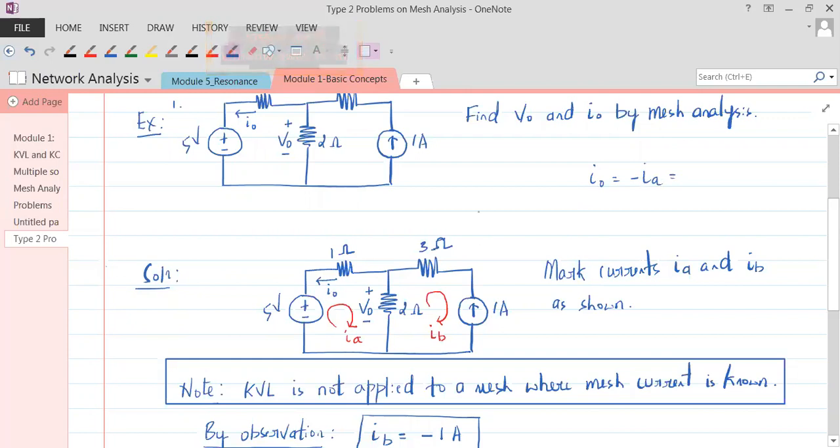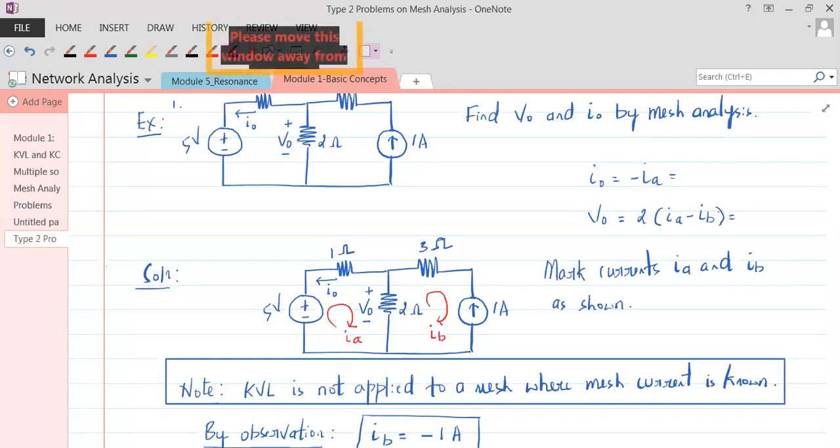Then what is V0? How do we express V0 in terms of IA and IB? We know that V0 is equal to 2 into IA minus IB. Why IA minus IB? Why not IB minus IA? Observe this, everybody, and get to know the reason.